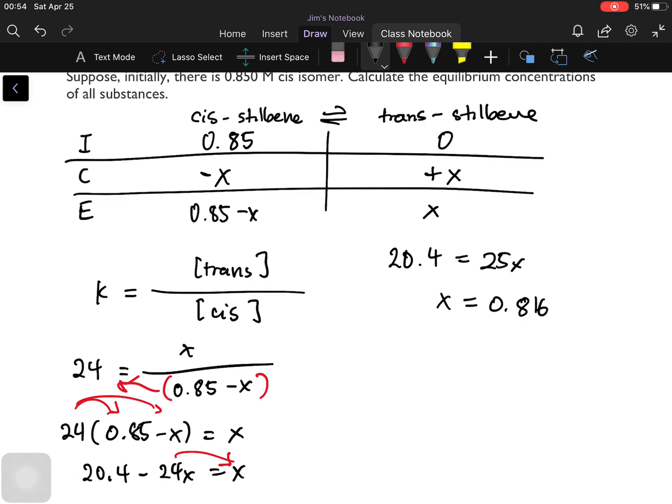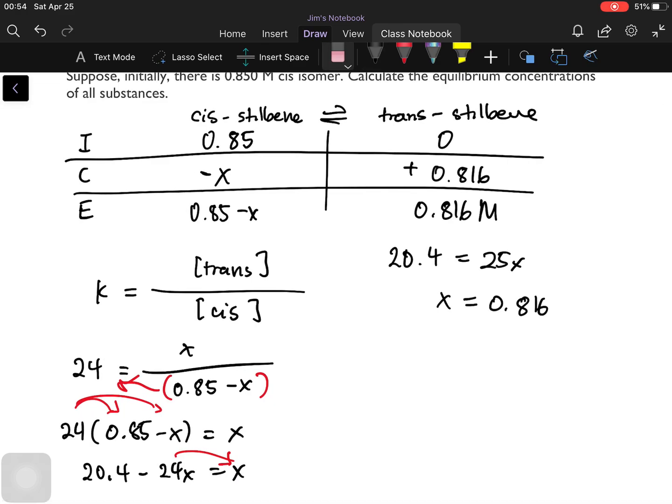So that means the change for the reaction is 0.816. That means the concentration of our trans stilbene isomer will change by positive 0.816. In turn, the equilibrium concentration is 0.816 molar.